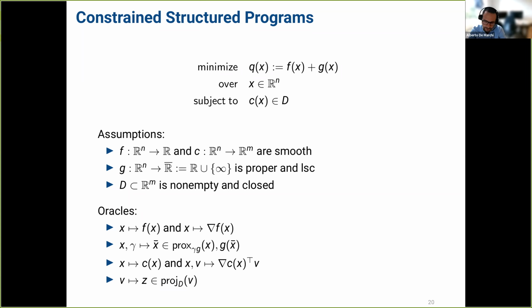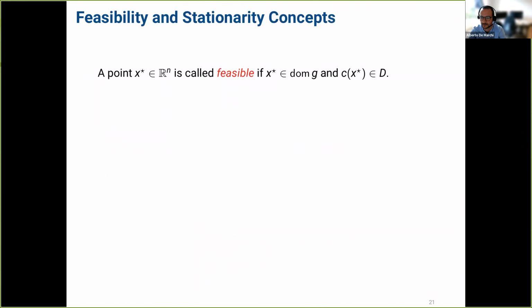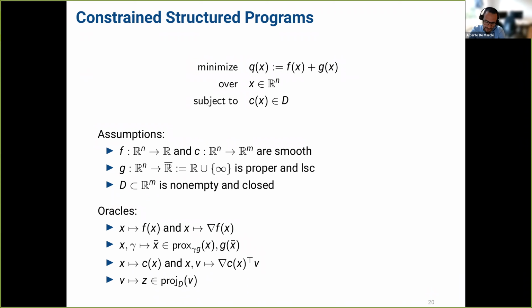Or we can also use the distance, if it is cheaper to evaluate, but let's say we use only projections onto this set. By this, I mean that we assume these oracles are easy to evaluate, or otherwise this approach maybe would not be the best to solve your problem.